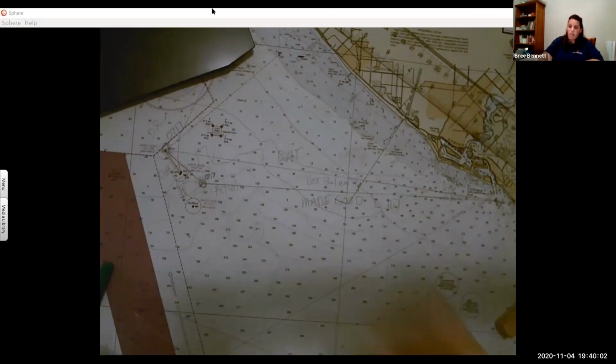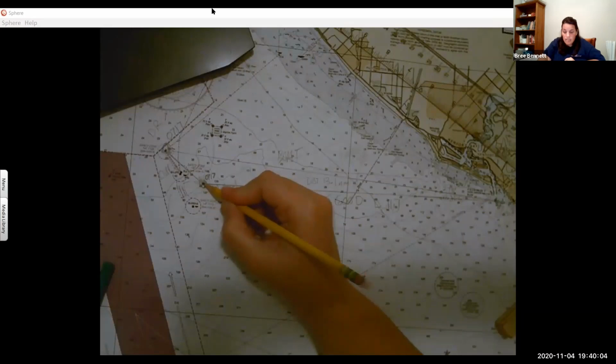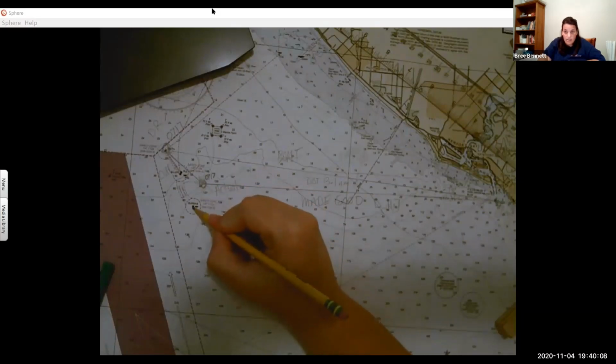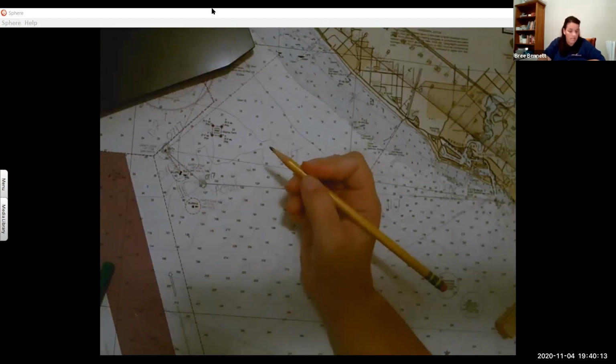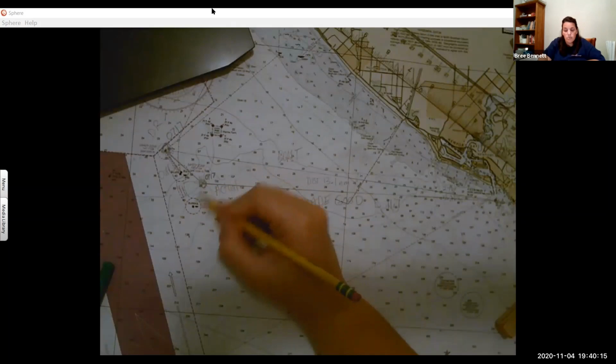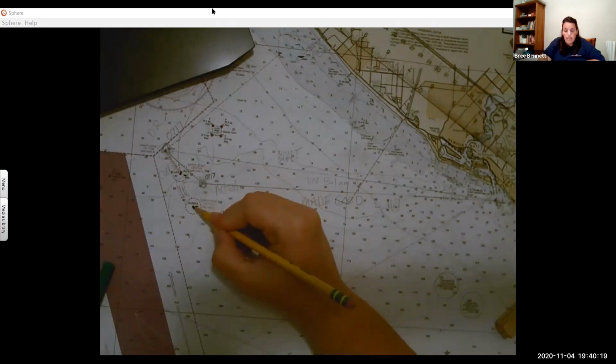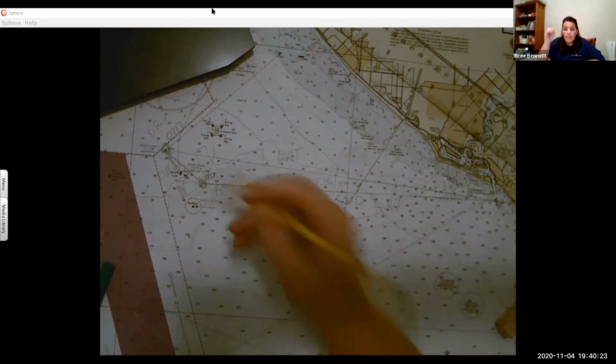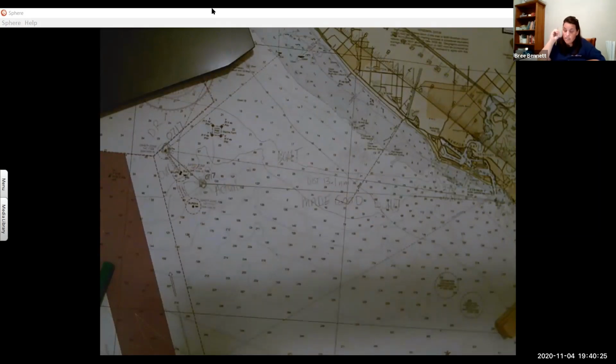From here, in 42 minutes, we end up right here at Eureka Oil Island. What current did we encounter? Our course over ground and our current are going to be the same line because our boat vector is 0. We were just drift fishing.